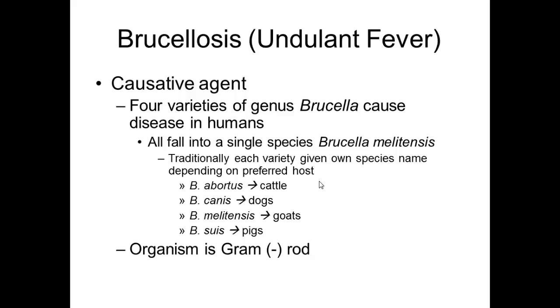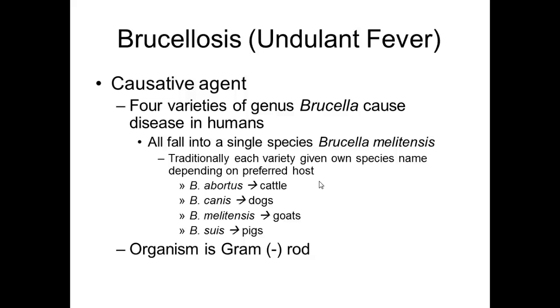But in fact, it's the same genus, right? So instead of having all these names, like Brucella canis, which was referring to brucellosis in dogs, melitensis was actually the one given for goats. Why they picked that particular name, I don't know. But if you see these other names, it is all the same species.